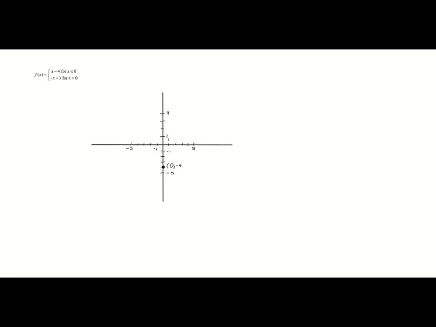And I'll label it since it is my y-intercept. This graph has a slope of positive 1, and I'm only drawing it for values of x less than or equal to 0. So I can put another ordered pair right here at negative 1, negative 5 and connect the dots. And now I have the first part of my picture.